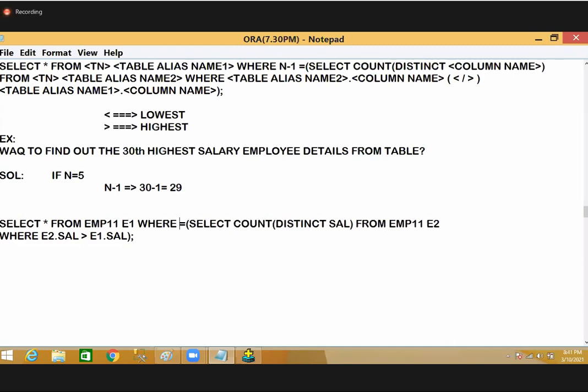The 2024th highest salary, then 2023. So like this you can find out any Nth highest salary. It was very easy or not?